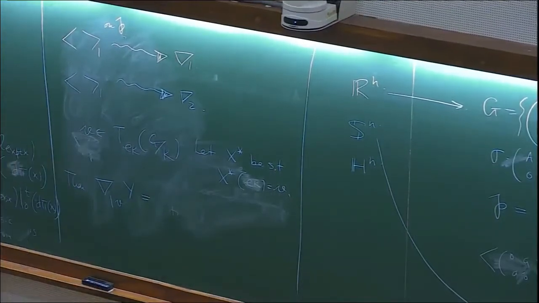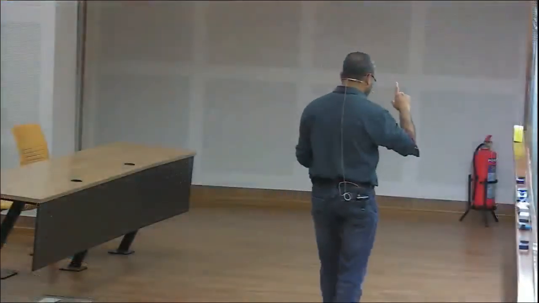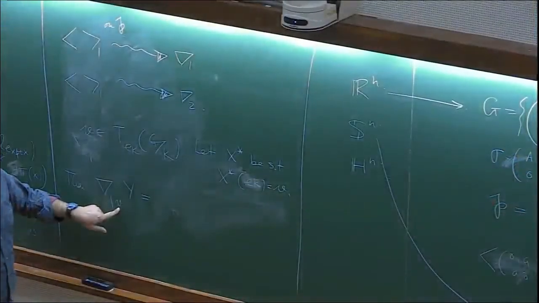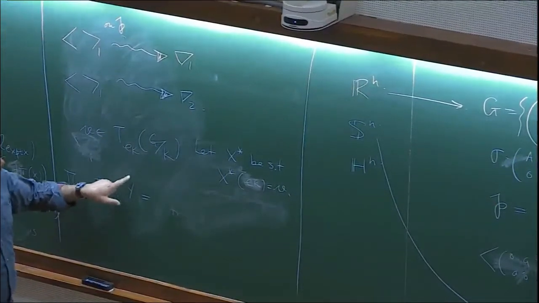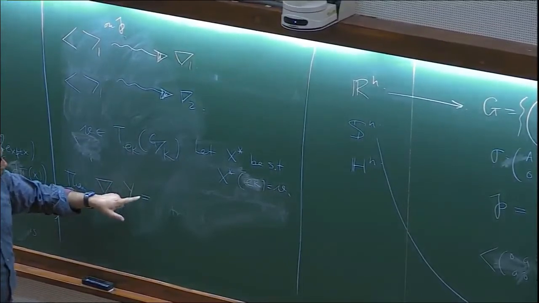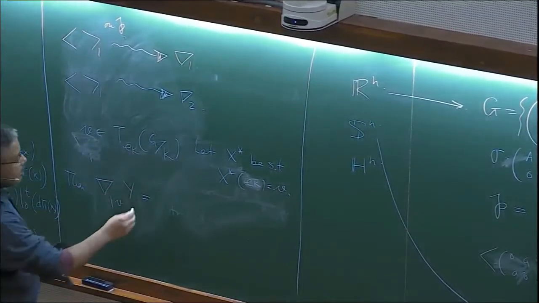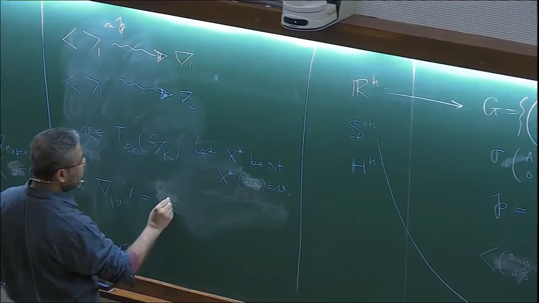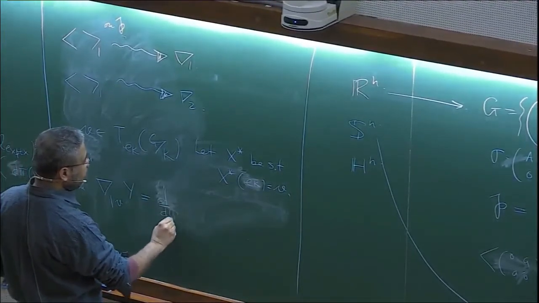So, you know, when I'm given a connection, there's a formula for computing the covariant derivative at a point of a vector field at a point. That is, I take any curve for which the initial velocity is v, and I take parallel transport of the vector y evaluated at that curve, and then take the derivative. This is precisely d by dt.